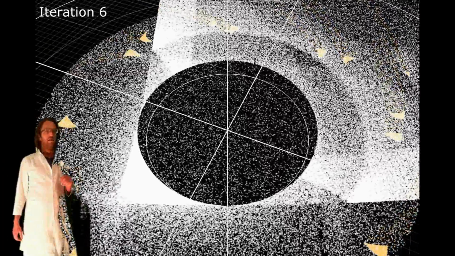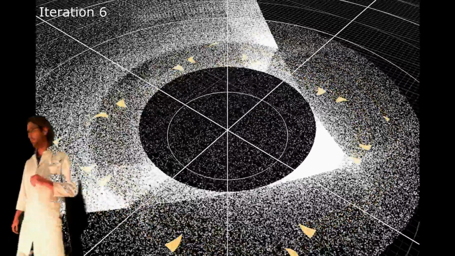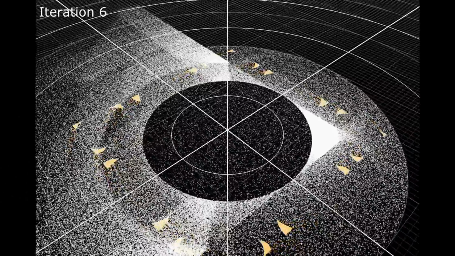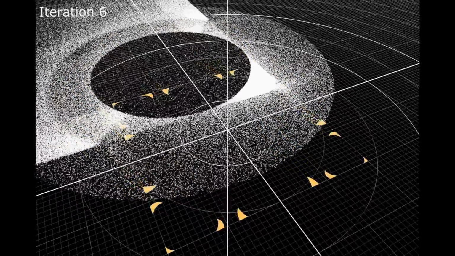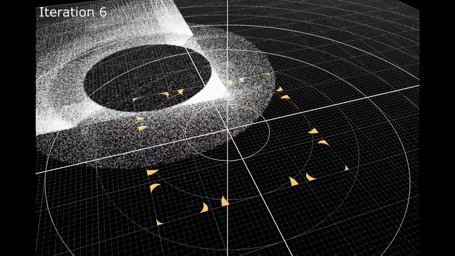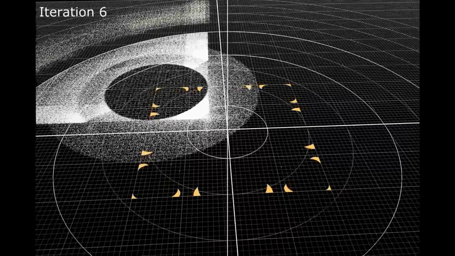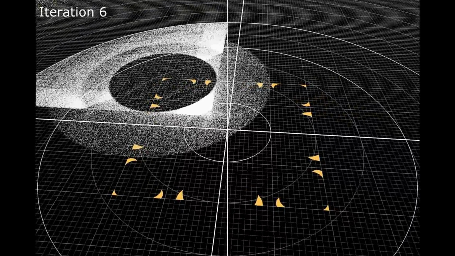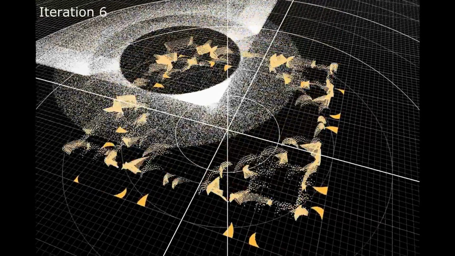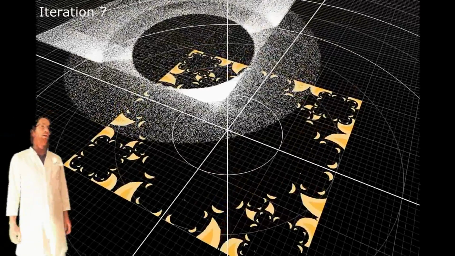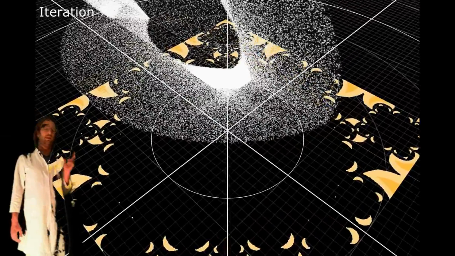The scaling of negative 1.5 is performed. The folding operation on both axes is performed again.